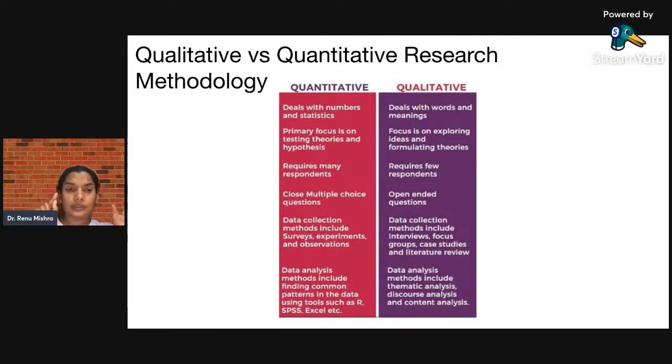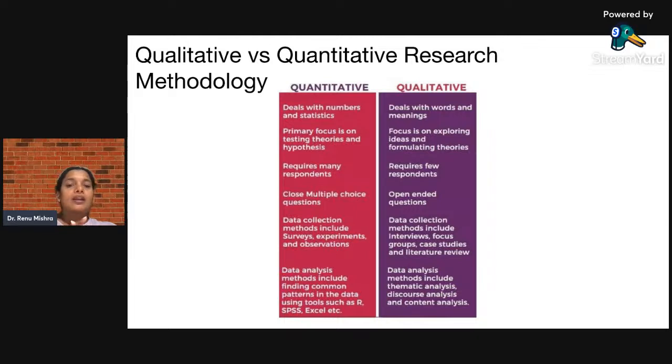You can't conduct quantitative research with 10 to 12 respondents. However, for qualitative research, if you're interviewing respondents, 10 to 12 or 15 would go. So, a smaller sample size for qualitative, a bigger one for quantitative.